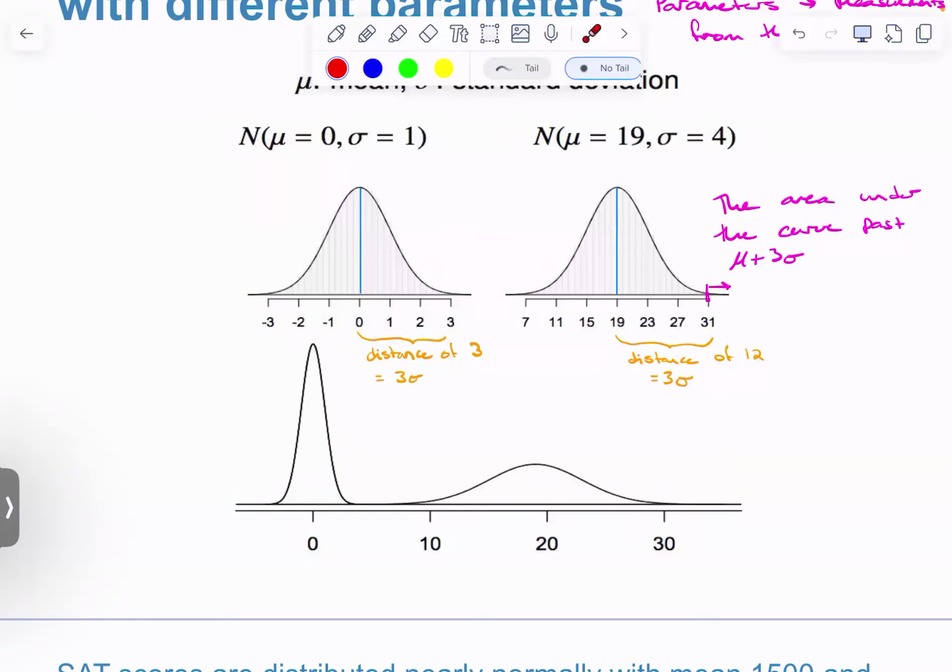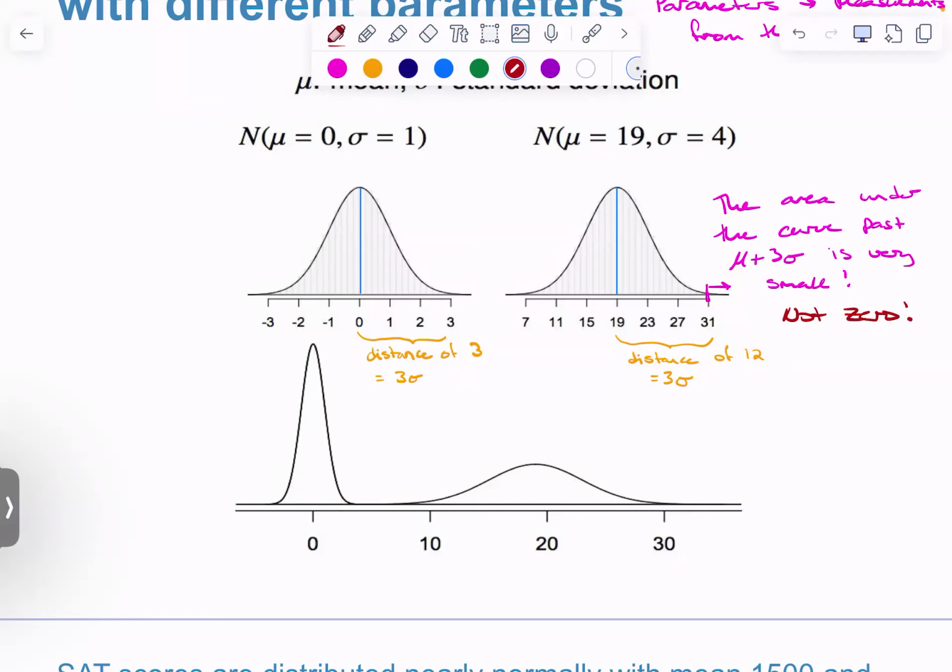It doesn't matter what the spread is, it has the same property. And so the area under the curve past mu plus 3 sigma is very small. It exists, it's not 0. I'll do that in red. Not 0. And that's the reason a statistician is never, ever, ever going to tell you that a probability of something happening is 0, because there's always a probability of something happening, right?